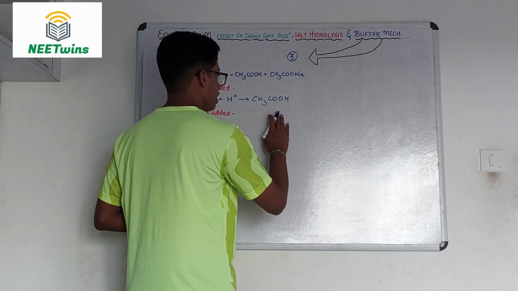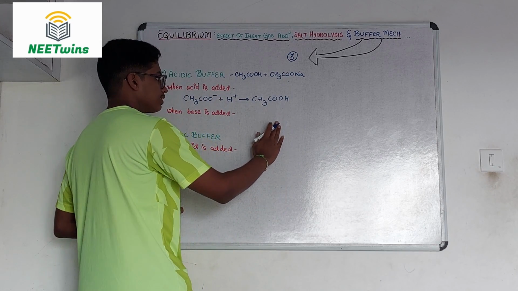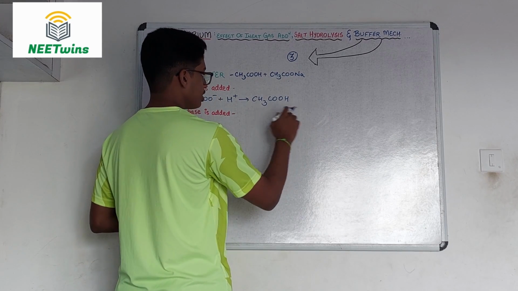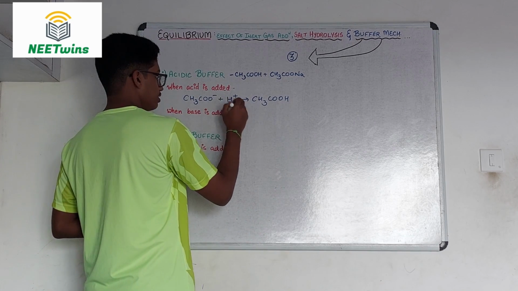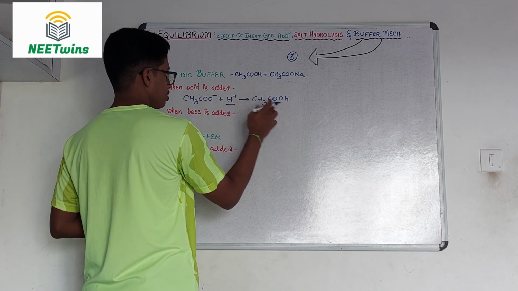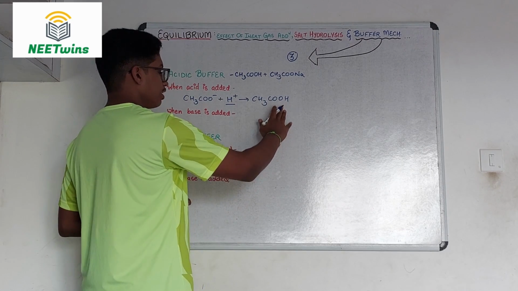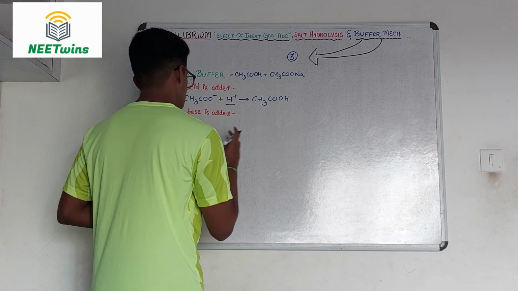And since this is a weak acid, it undergoes ionization to a very less extent to give H plus ion, so we can consider the pH almost remains the same. So when an acid is added, the CH3COO minus ions consume the H plus and form a very weak acid which doesn't contribute to change in pH.